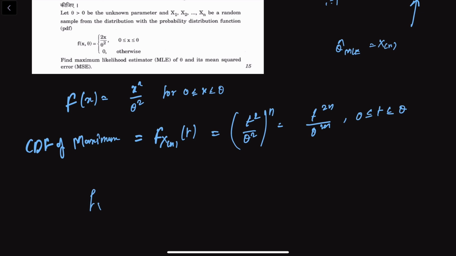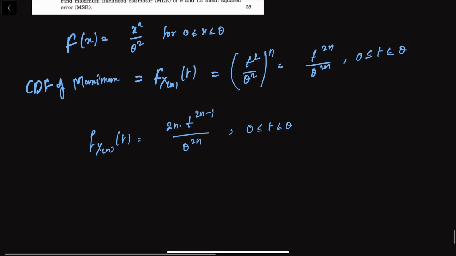Therefore the density would be f of Xn at t, which is 2n into t to the power 2n minus 1 by theta to the power 2n, where 0 less than or equal to t less than or equal to theta.